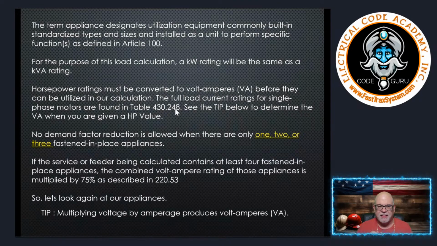So now one of the things that these appliances are, it's utilization equipment that is fastened in place, okay? We're not talking about stuff that is not fastened in place. We're talking about things that are fastened in place. Dishwashers, okay? Typically, whether they're cord and plug or hardwired, have mounting screws underneath the front for anti-tip. You're going to put it in place. It is fixed in place. A garbage in-sink waste disposer gets connected, whether it's cord and plug or hardwired, it gets connected to the plumbing system.